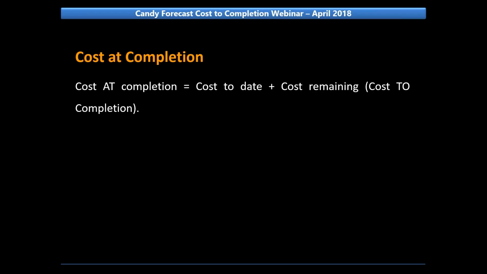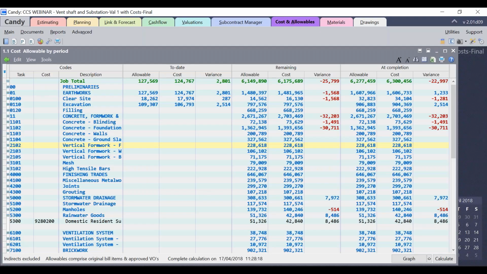The cost remaining is also called cost to completion. So the cost to completion updated using the three methods seen before will be reflected in the cost at completion also. So as you can see in this document, cost and allowable by period, the cost at completion is calculated based on cost to date plus the remaining cost.